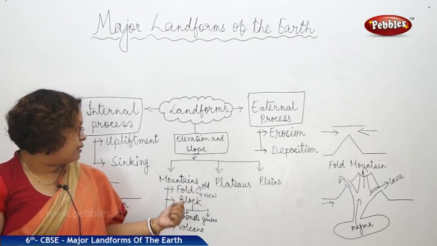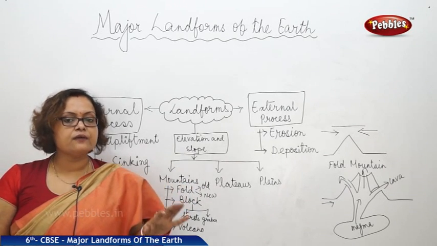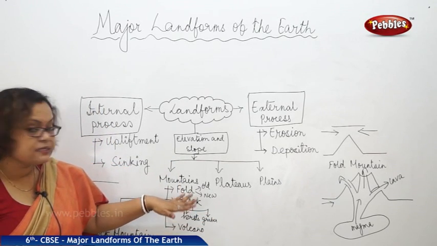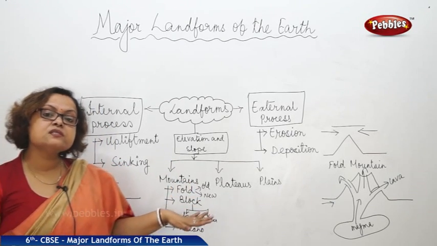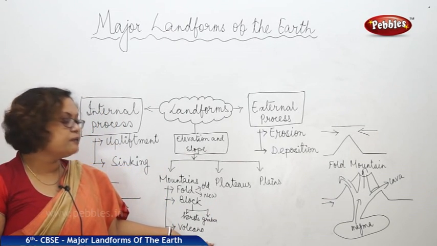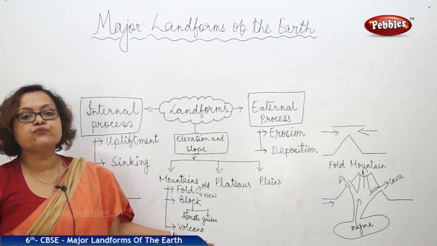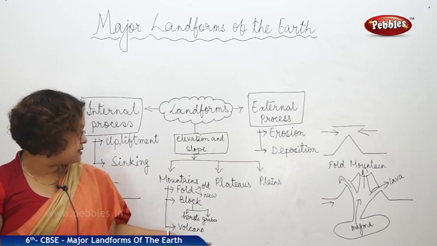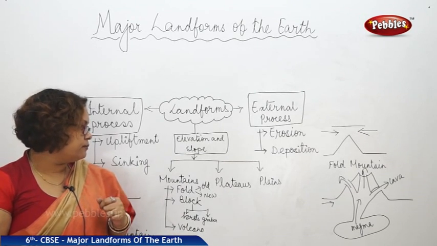And then the block mountain, yes, we have the Satpuras, we have the example of block mountain. The Black Forest in Germany also is an example of block mountain. Volcanic mountain: Fujiyama in Japan, Vesuvius in Italy, they are examples of volcanic mountain.